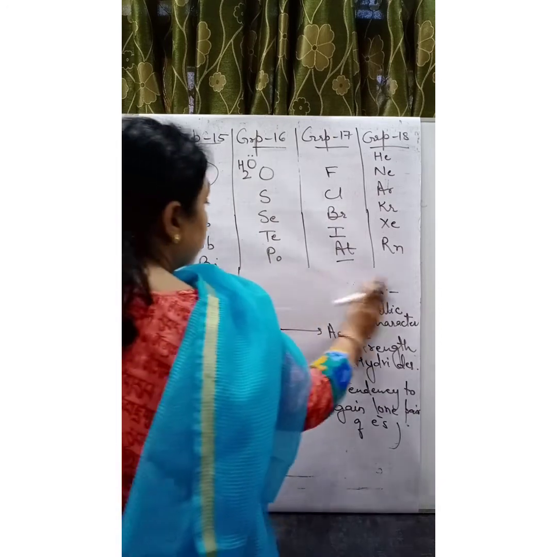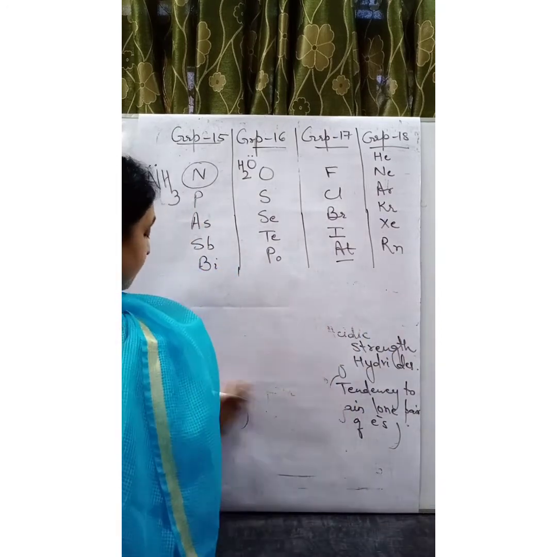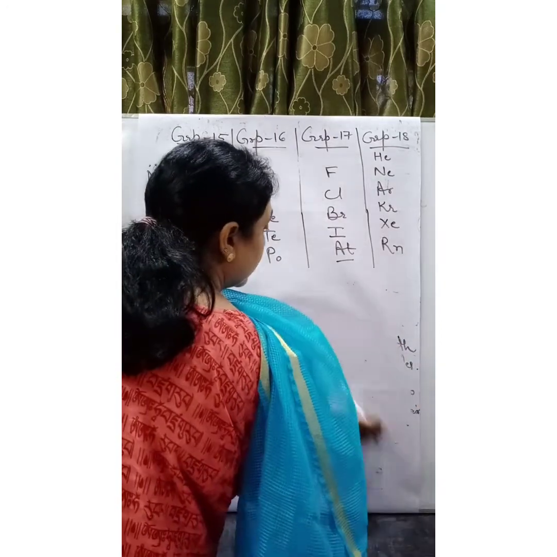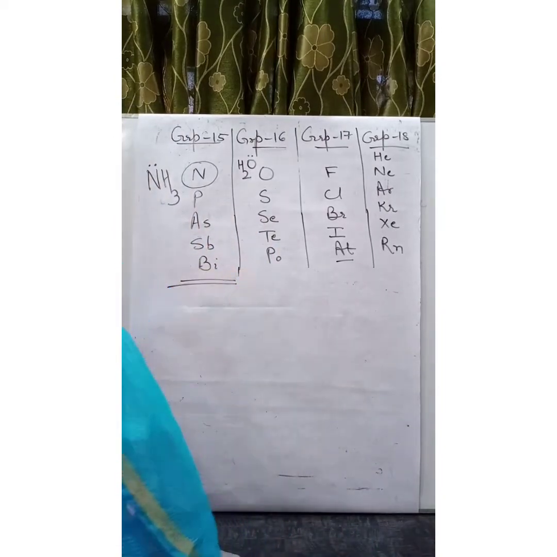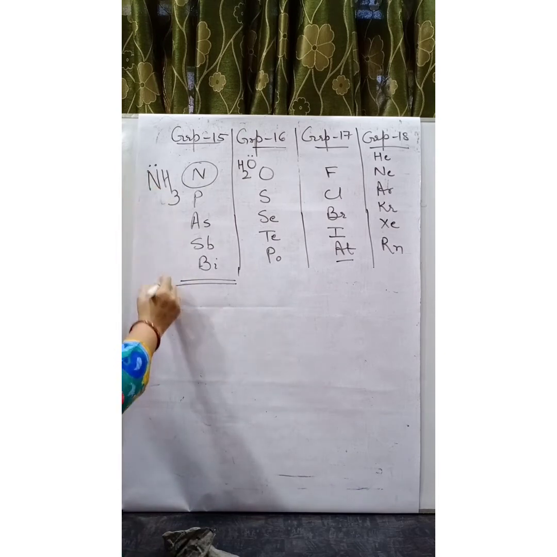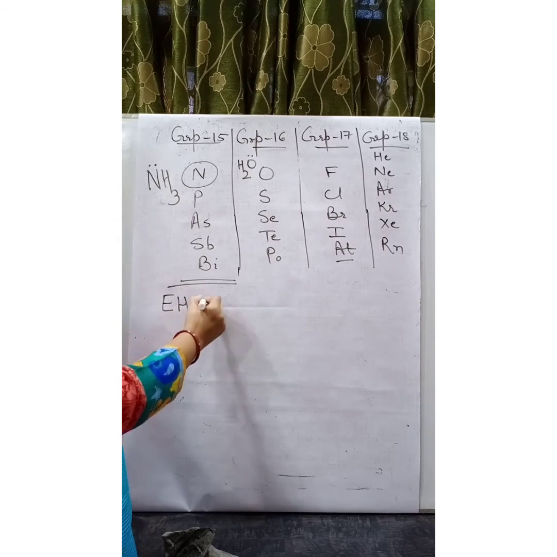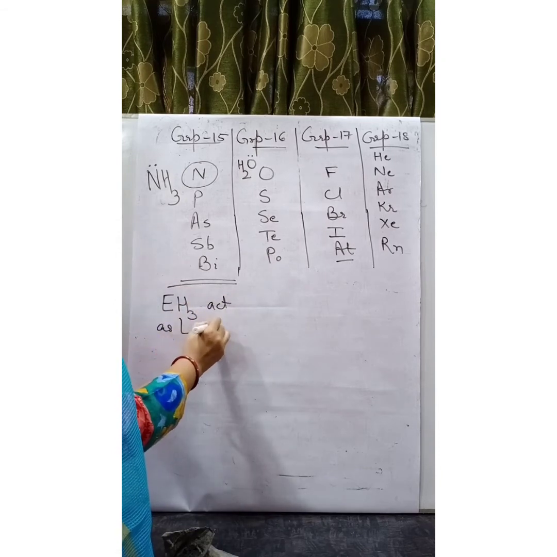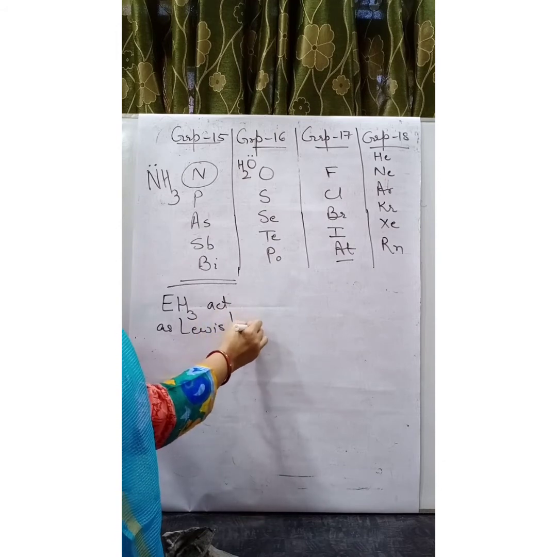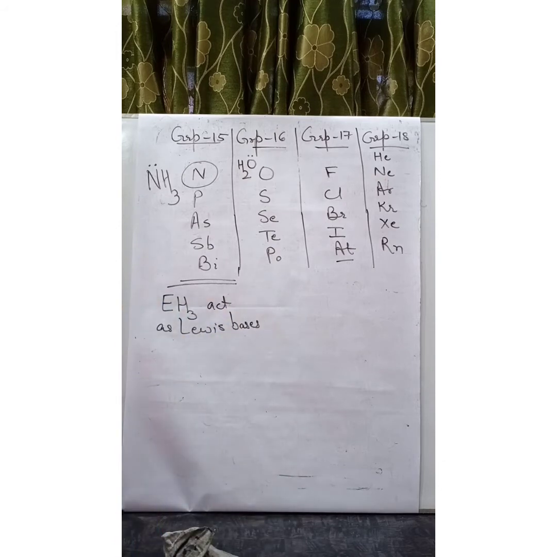So in other words, if we talk about group number 15, then all the hydrides of group number 15, EH3, act as Lewis bases because everyone has the tendency to donate lone pair.